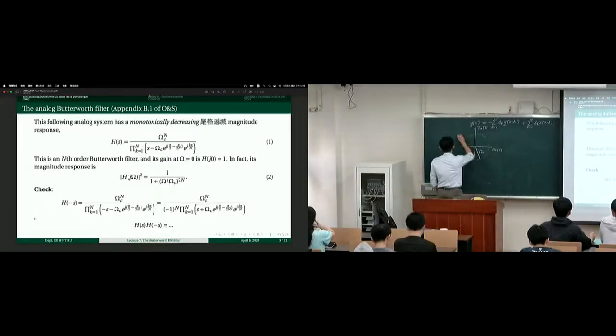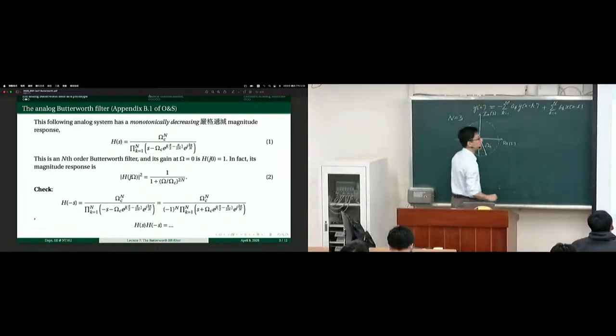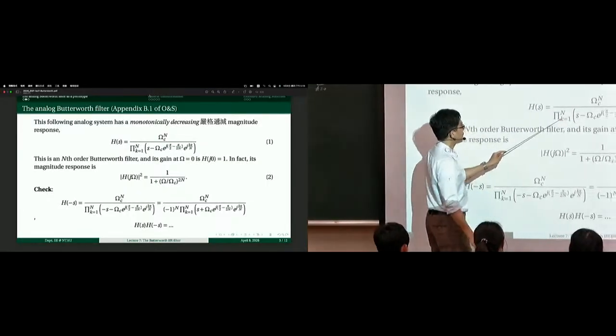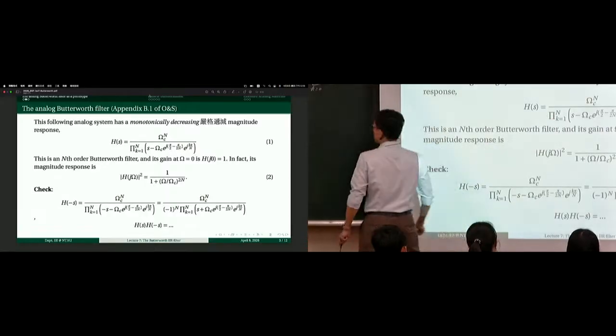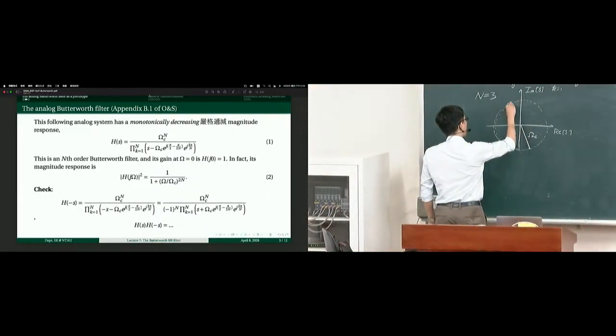So let's take n equals 3 as an example. I've cut it so many times, I know the answer. We're going to create k equals 1, 2, and 3. If big N is 3, then we are going to create a pole right here, and here, and here.